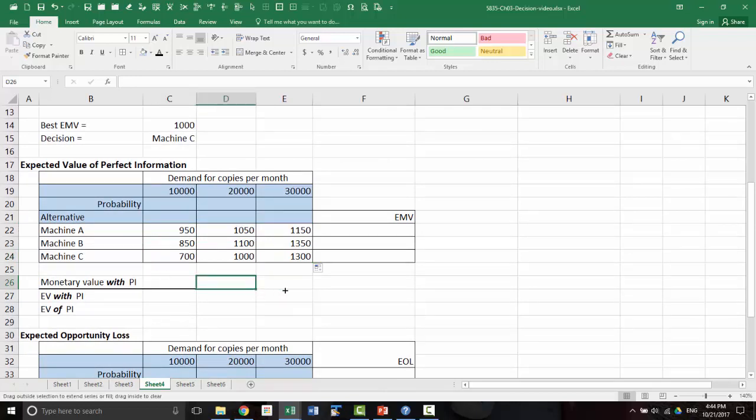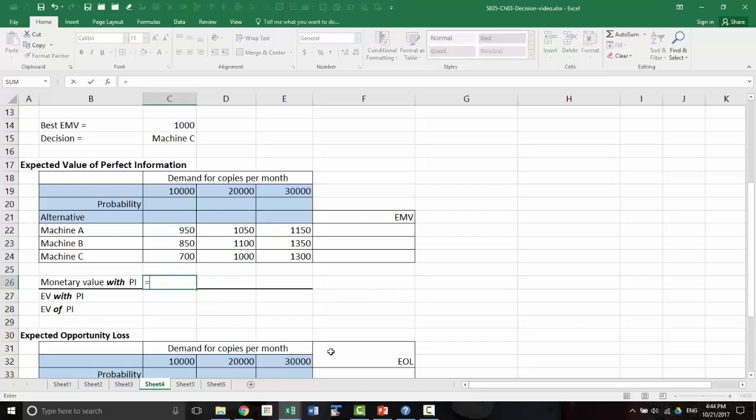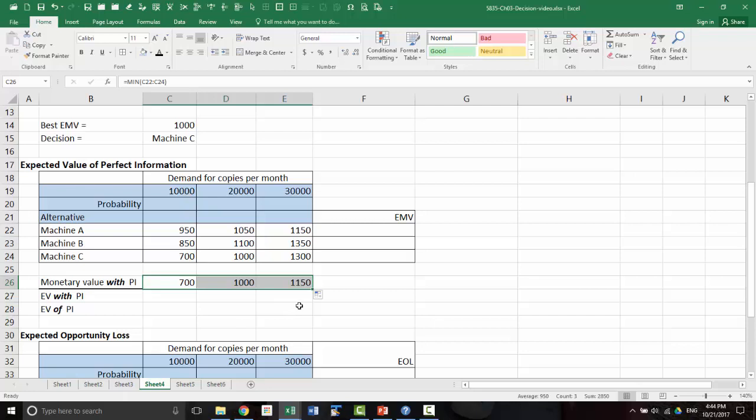Okay, with perfect information, the outcome would be the minimum. So whatever the state of nature may be, under that condition, you would be in the best place. With perfect information, you would be. So minimum is what that would be.